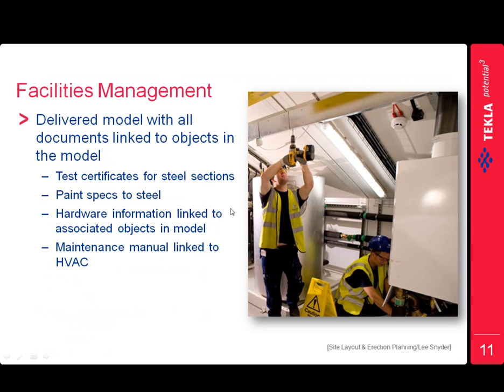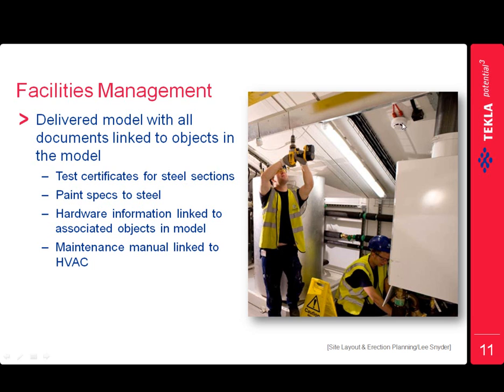Yeah, even going further, when you get into facilities management, with the building information model and this Tekla BIMsight, you can actually hand over to them, and link test certificates for steel sections, like CVN testing, any weld information, the actual paint specs that were used. Hardware information can be linked to objects in the model.